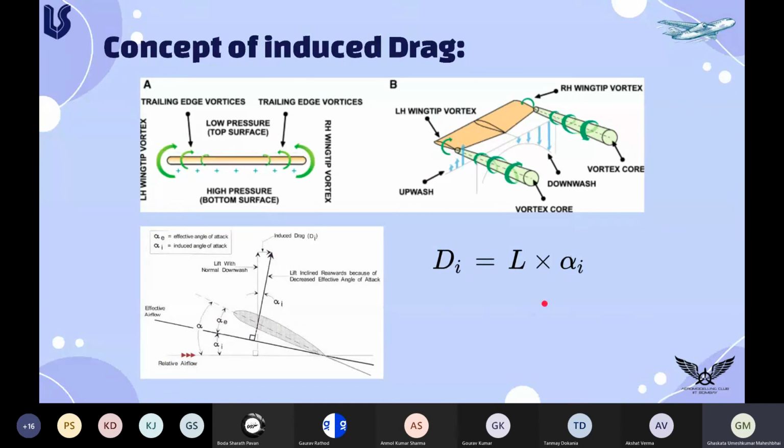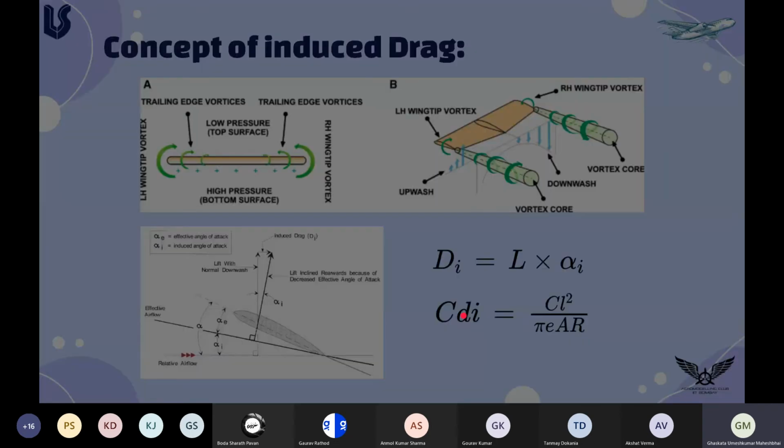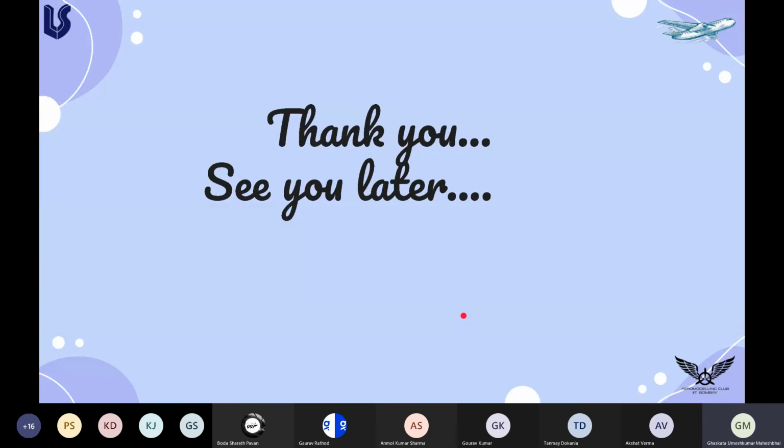So the induced drag D_i will be proportional to CL squared, divided by a constant involving pi, AR, the aspect ratio of the airplane, and e, the Oswald efficiency factor. So this constant is connected to CL squared and gives the induced drag.